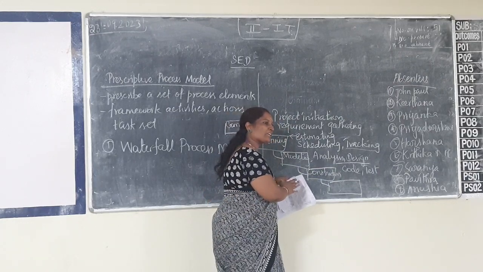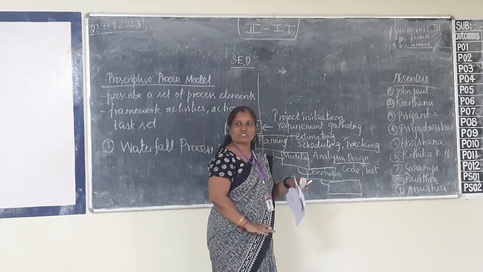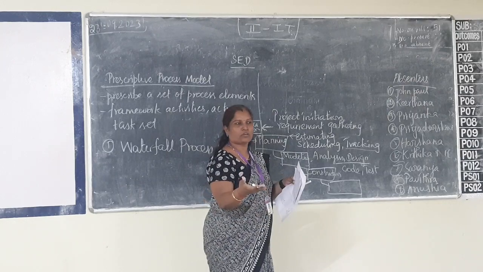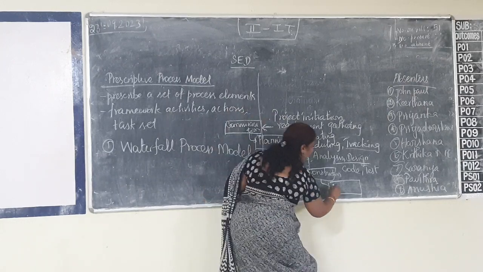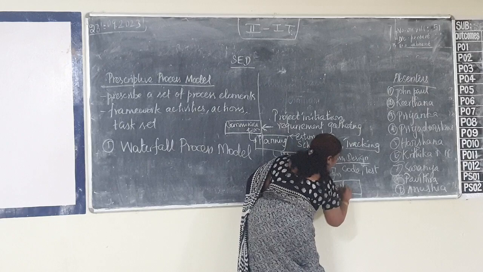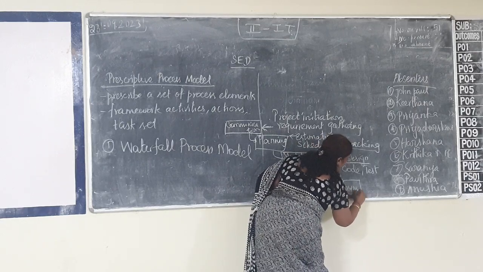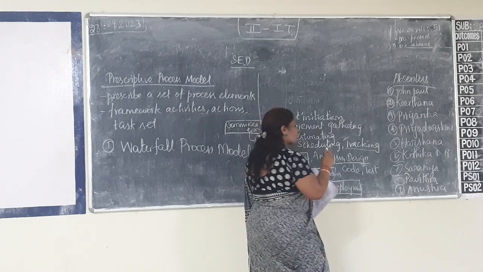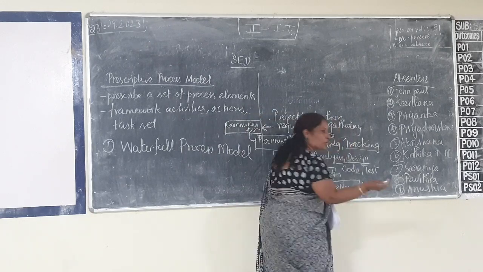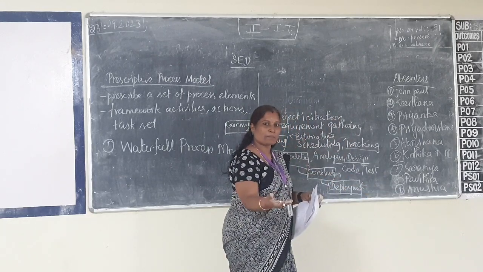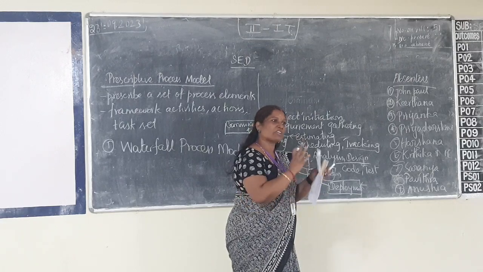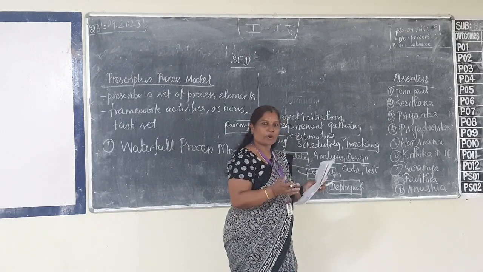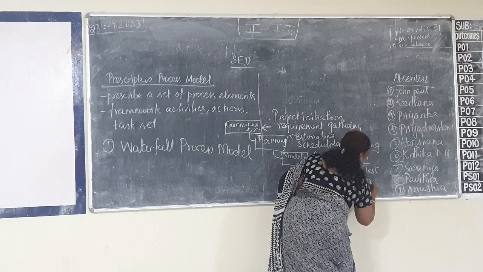So we have completed everything. The final stage is going to be deployment. Okay, we need to release the project. So the last stage is deployment. Here, what are all the things we will do? Deployment means you have developed a product, you have made a project that needs to be delivered.